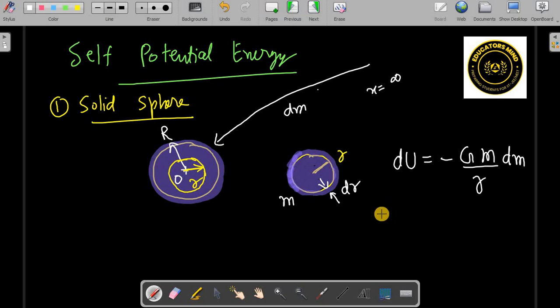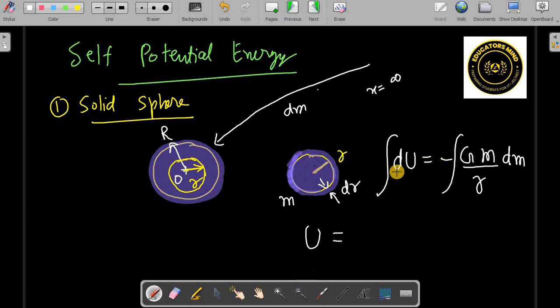Minus Gm by r is the potential, and the small mass which we are putting over its surface gives the mass times this potential energy. Now we need to integrate it. That will be the total potential energy, or self potential energy.